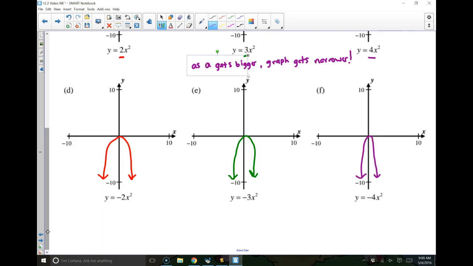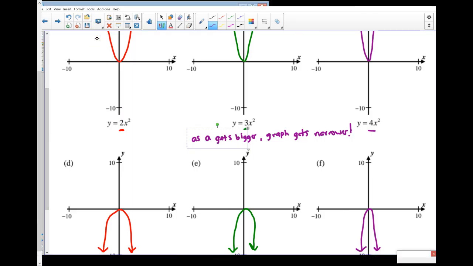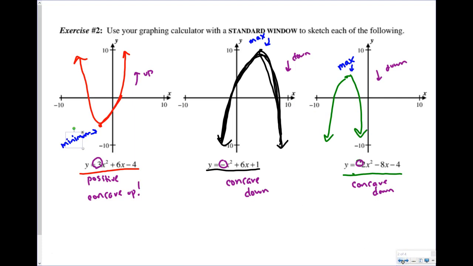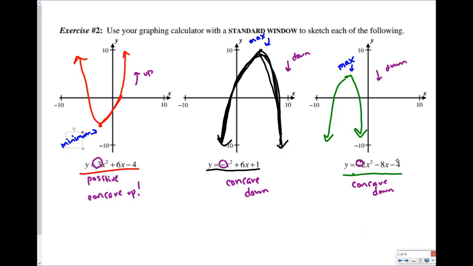Alright? Something else to think about in terms of quadratics, if we can go back for a second, make this full screen. There's also something else interesting happening here. If you take a look at this number on the end, the negative 4, that's always going to be your y-intercept.